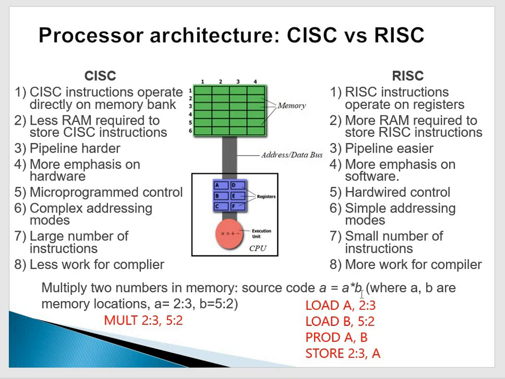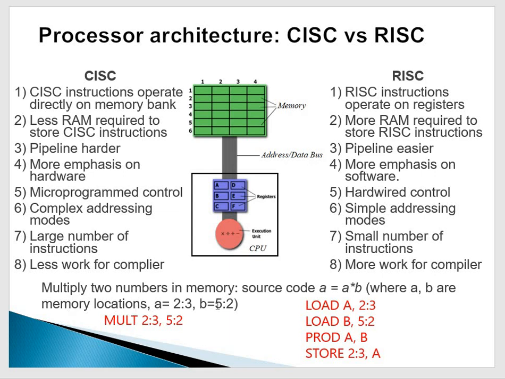We will assume that we have two numbers, A and B, stored at some memory locations, and we want to perform the multiplication of the two numbers A and B, and after the multiplication we want to store the result at the location of the number A. So A and B are memory locations.